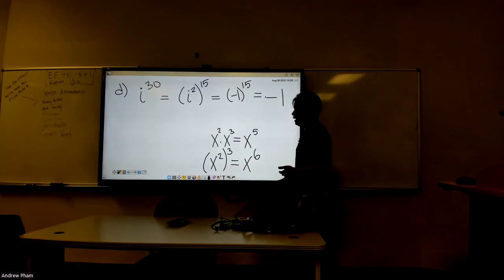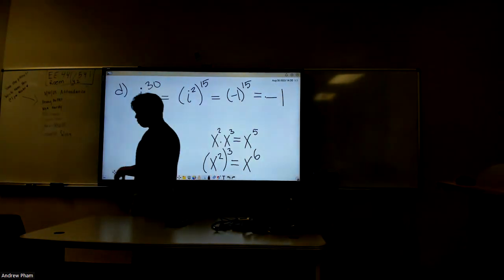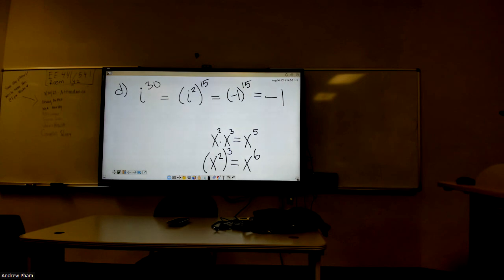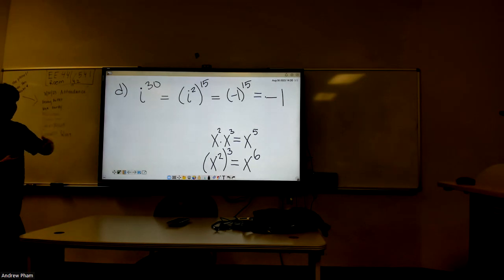So really, i to the 30th power is negative 1. This is another reason why I don't like having i to really high powers. If I have i squared cubed to the 4th to the 238th power, I can always clean it up to either be 1 or negative 1, or break it down into a smaller i.